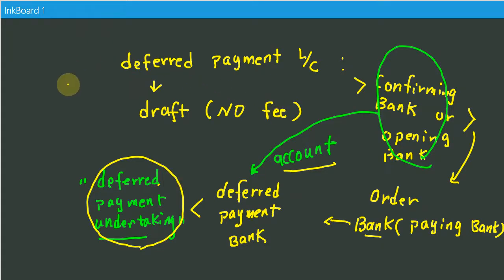And then, in this case, one thing we have to distinguish is these two types. I told you this is similar: payment after acceptance and also nuisance LC.